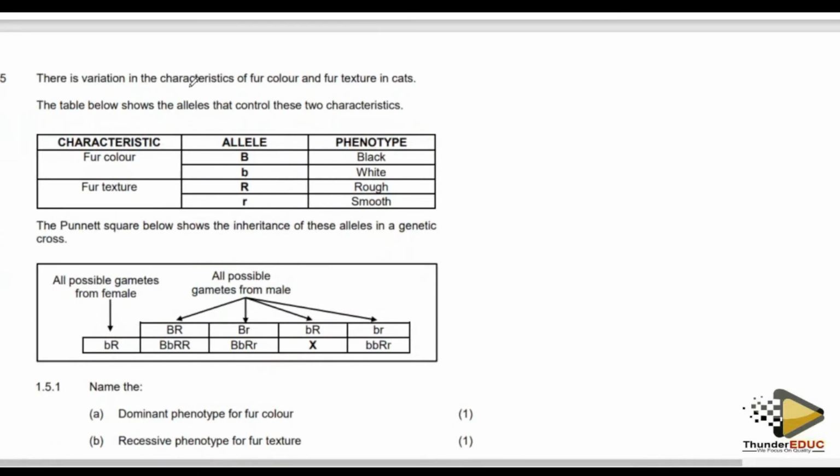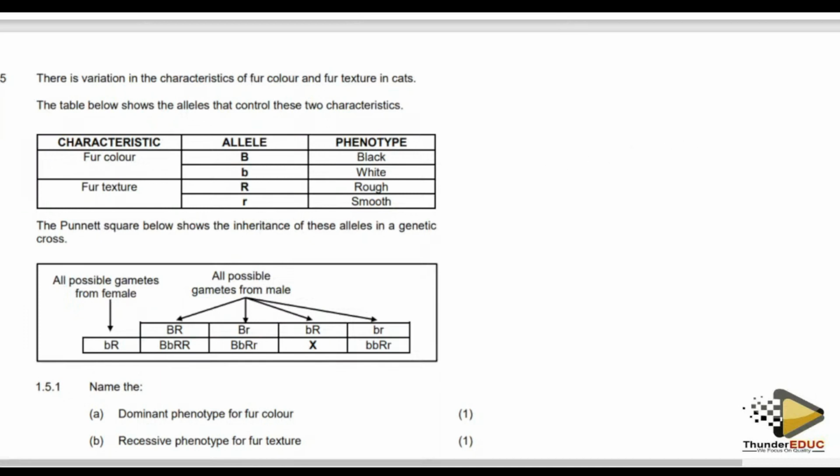There is variation in the characteristics, fur color and texture, in the cat. And then they are saying that the table below shows the alleles that control these two characteristics.